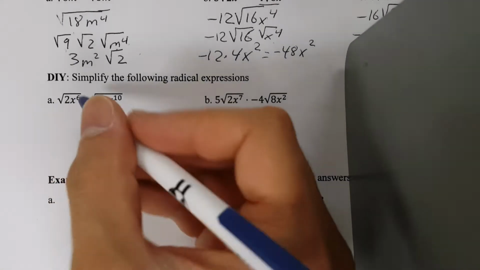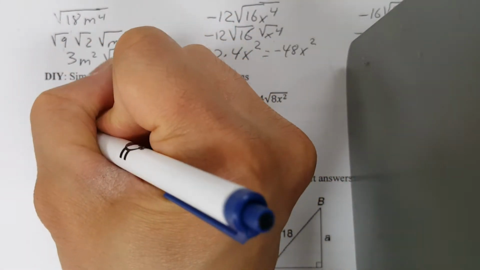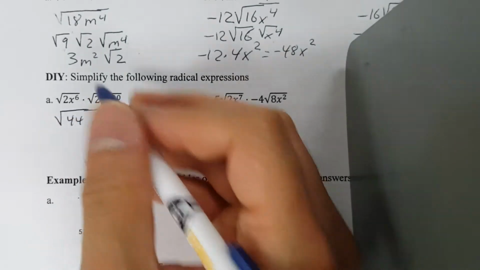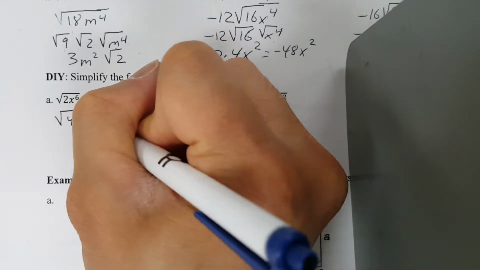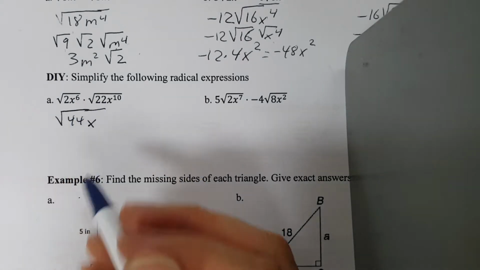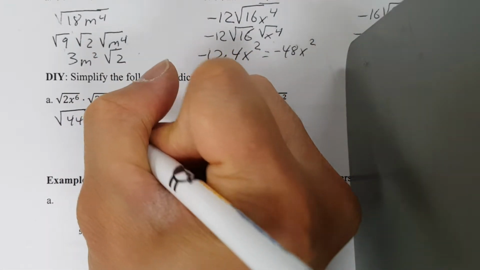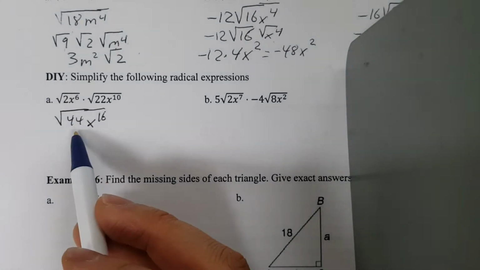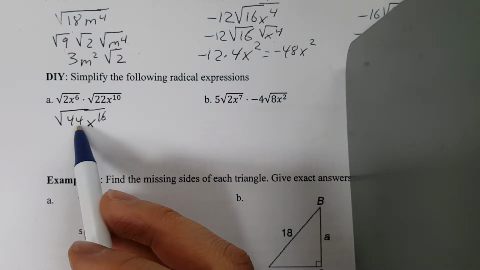Now, the first DIY, I multiply 2 times 22. That gives me radical 44. And I'm left with x to the 6th, x to the 10th. I multiply that. Remember, when you multiply exponents, you add the exponents. That's x to the 16th. And then the largest number that can go into 44 is 4.